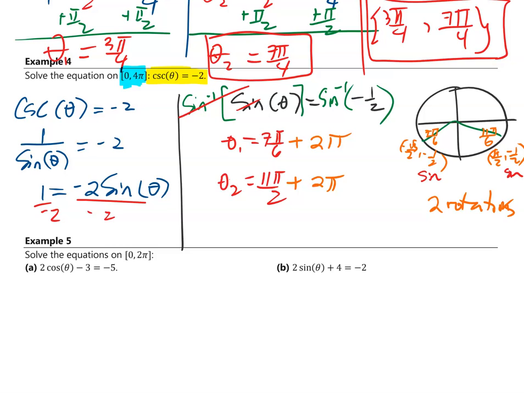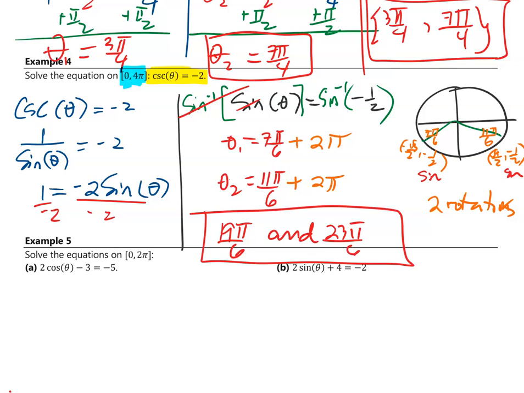So 7 pi over 6 plus 2 pi is 6 times 2 is 12 plus 7, that is 19 pi over 6, and 6 times 2 is 12 plus 11, that is 23 pi over 6. So this is our solution set.